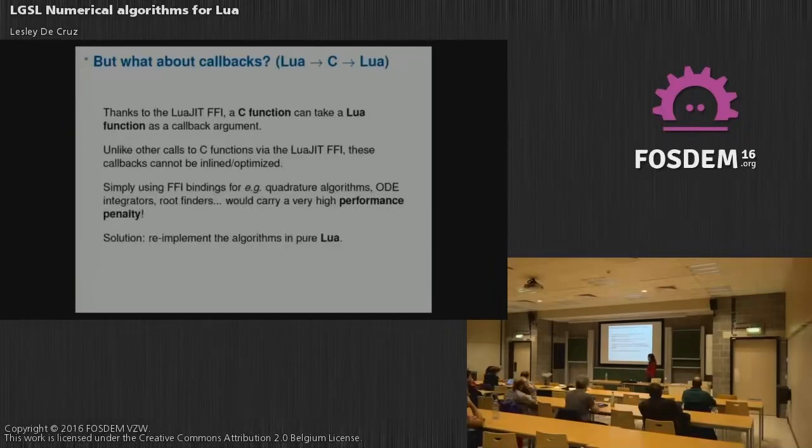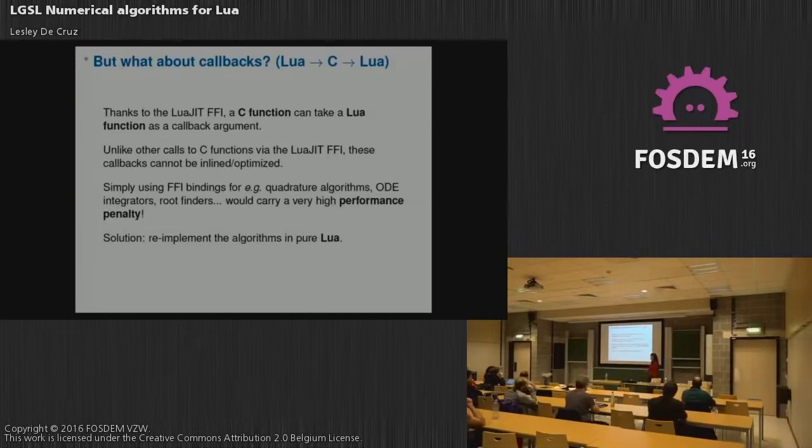So I told you that it's blazingly fast, and maybe some of you are already thinking, what about integration with C functions? One of the tricky bits about using GSL is that you will need callbacks to integrate a Lua function. A callback means that you're calling a C function from Lua, which in turn is calling a Lua function.